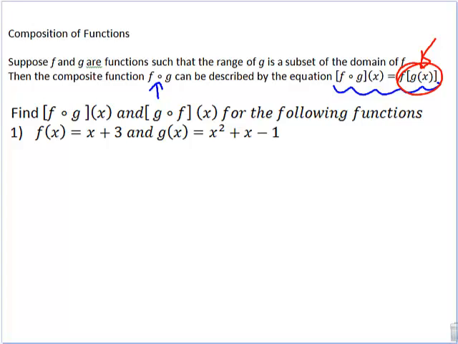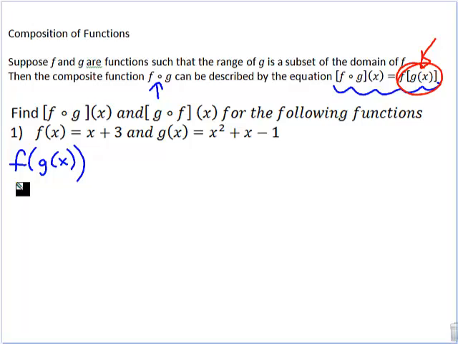F of g of x. So what we're going to do is take our f function of g of x. Okay, so I just took that writing and rewrote it out. Now it's a matter of substituting in what we know. So do we know what g of x is? Yeah, it's right here. Okay, so I want to take my function f of my function g.